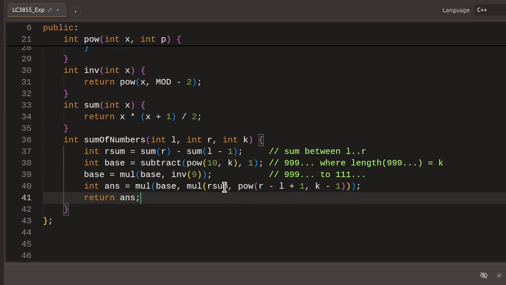That's pretty much all for the solution, and this all runs in O(log k) time because the most expensive operation is here, and the space complexity will be O(1).